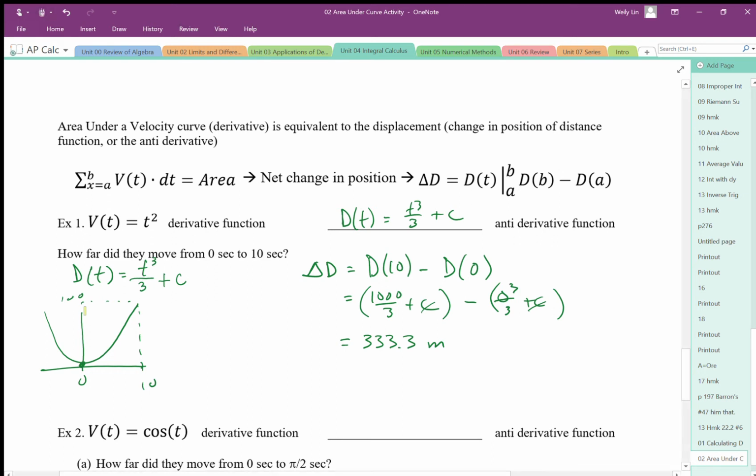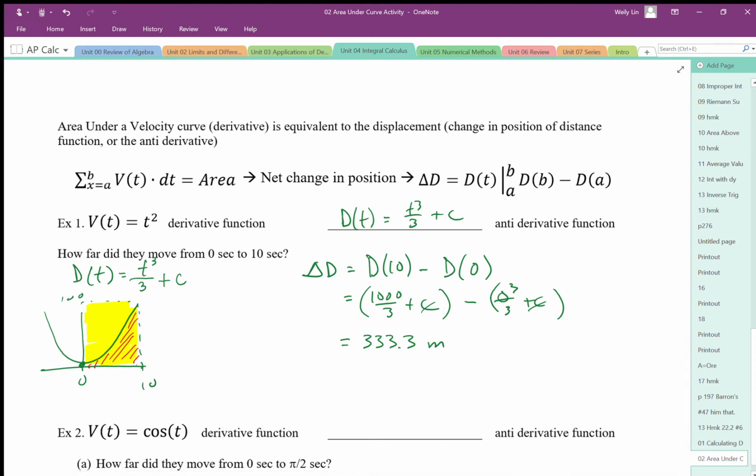This rectangular area, that's going to be 1,000 meters of area. And the area underneath that curve, yeah, it is reasonable to say that's about 1/3 of that area. So that's going to be about 333.3 meters of displacement.